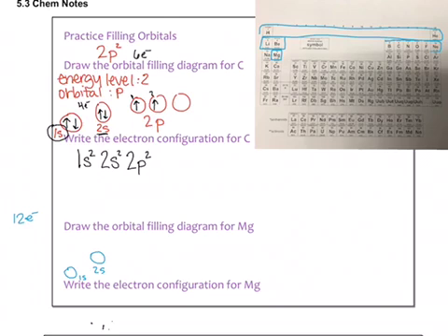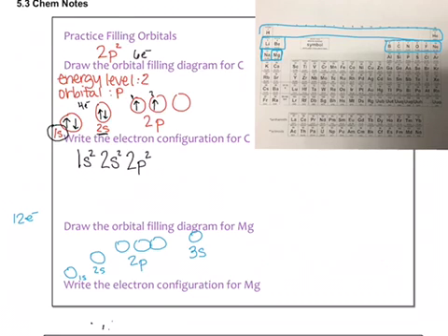Then we're still in the second energy level, but we've now entered into the p block. So we call that 2p. And then we have to go down into the third energy level, and that's in the s block. So we'll have 3s. And since we've reached magnesium, we don't need to go into that 3p area.